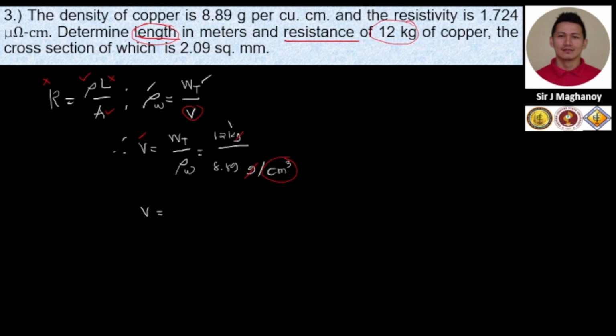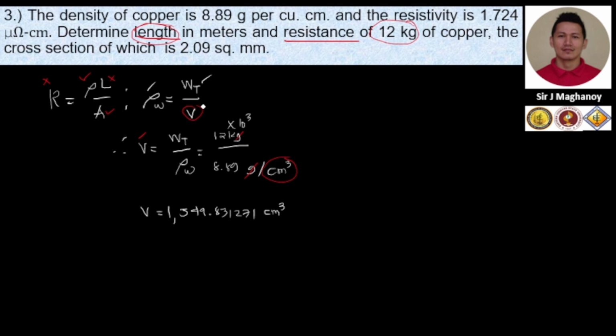So you multiply by 10 raised to 3 for the kilo. Finally, the value of your volume is 12,000 over 8.89, which is 1,349.831271 cubic centimeter.